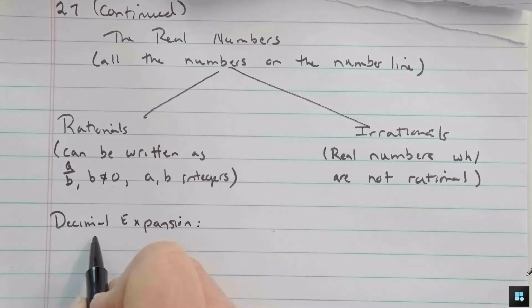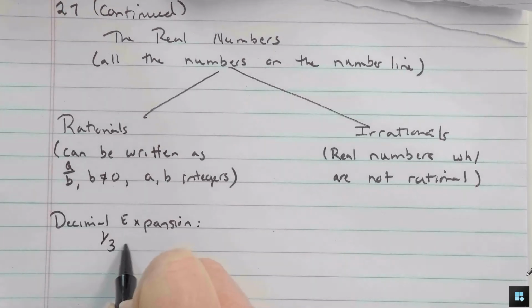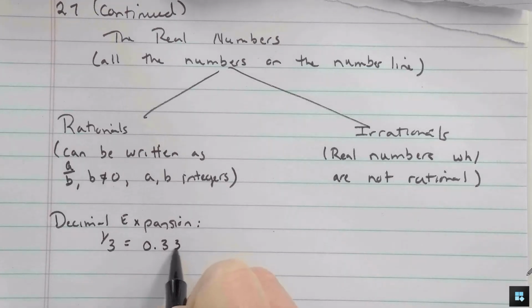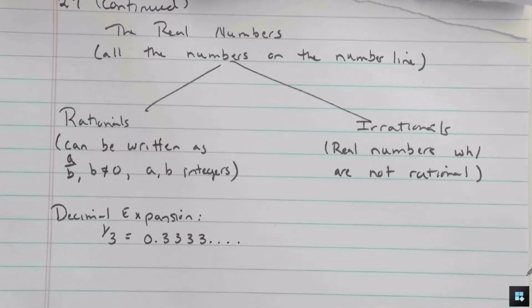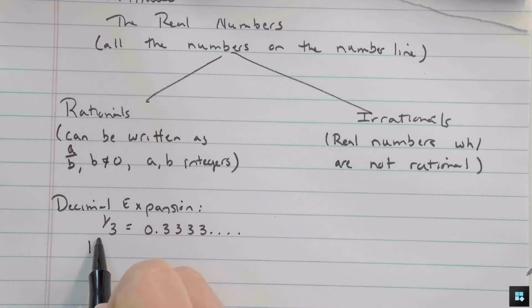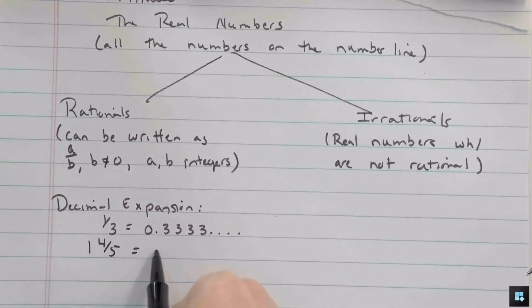For example, if you have 1/3, the decimal expansion of 1/3 is 0.3333... Or if you had 1 4/5, that decimal expansion would be 1.8.